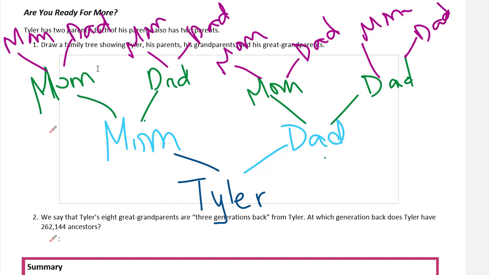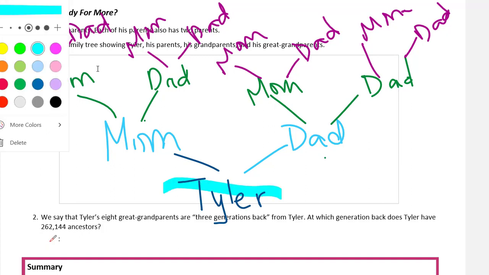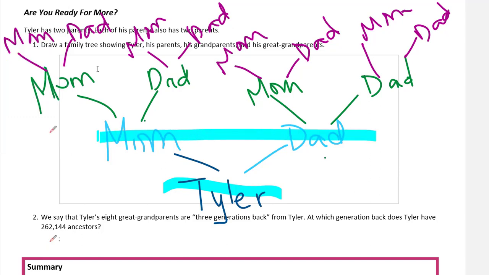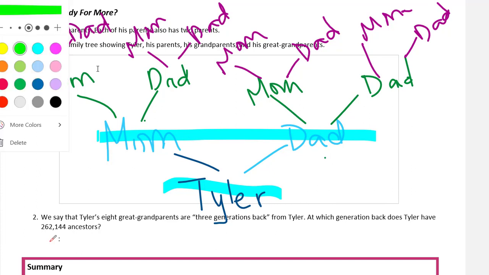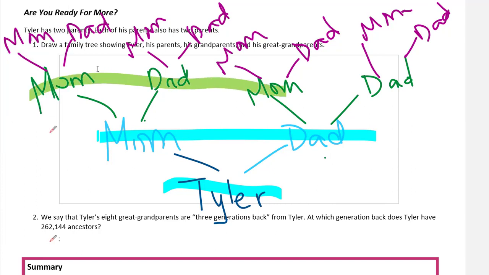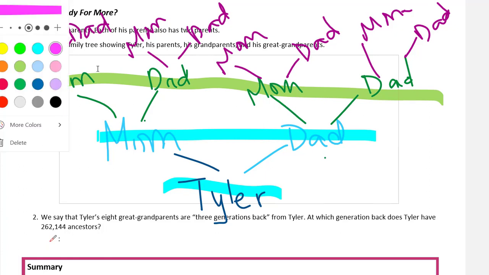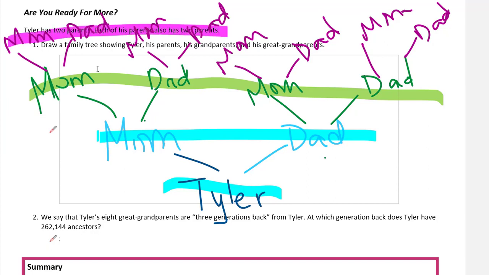So this is Tyler. Then we've got his parents. Then we've got his grandparents in green. And then in purple, we've got his great-grandparents. So that's just a real-life example of exponents there.